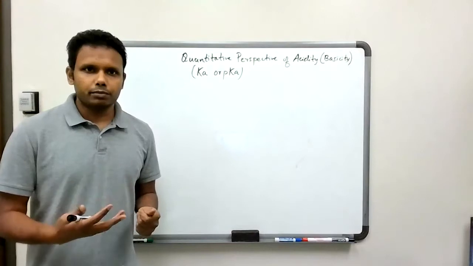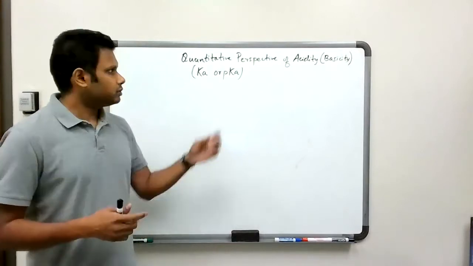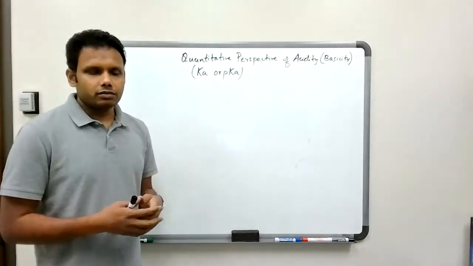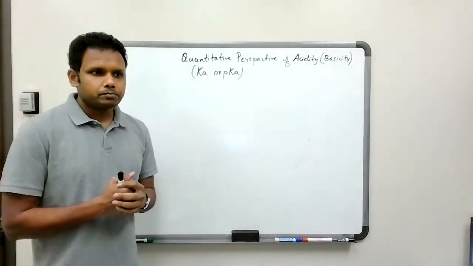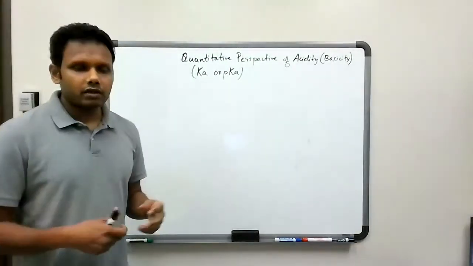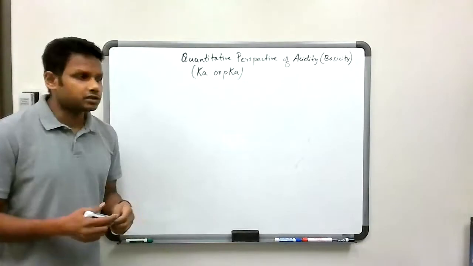If you're doing a comparison between two acids, you'll be able to use these terms, or this quantitative terminology, and then you'll be able to predict which of the two acids is a stronger acid, or among various acids, which one's the stronger acid.